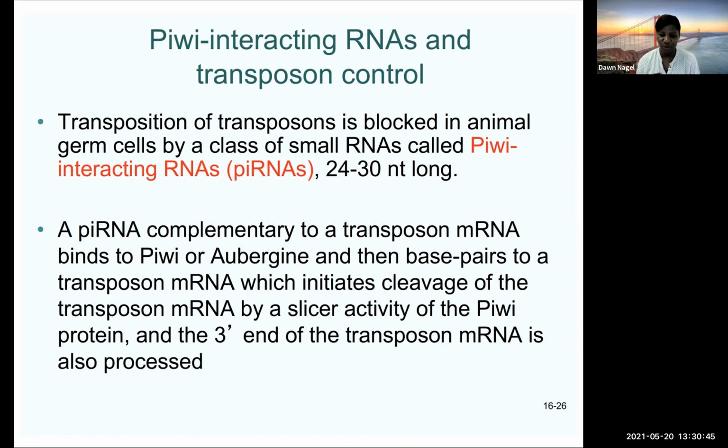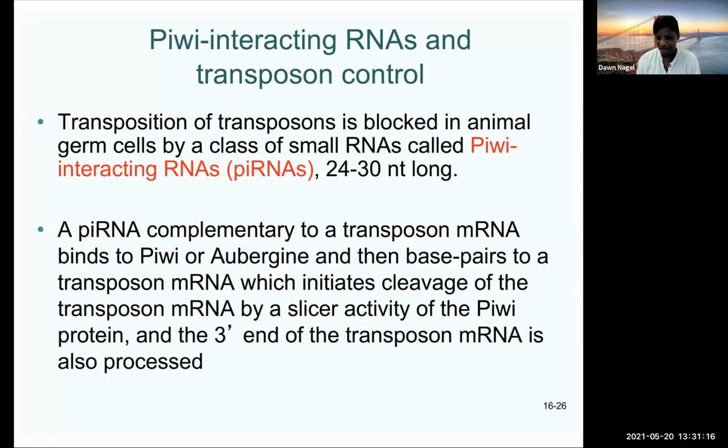Because these are the cells that get inherited, they give rise to gametes, they get inherited by the next generation. If within these cells there's a mutation, these mutations get transferred into the next generation, which becomes problematic. So particularly in germ cells, you have silencing of transposons using this PIWI-interacting, this piRNA mechanism, okay?